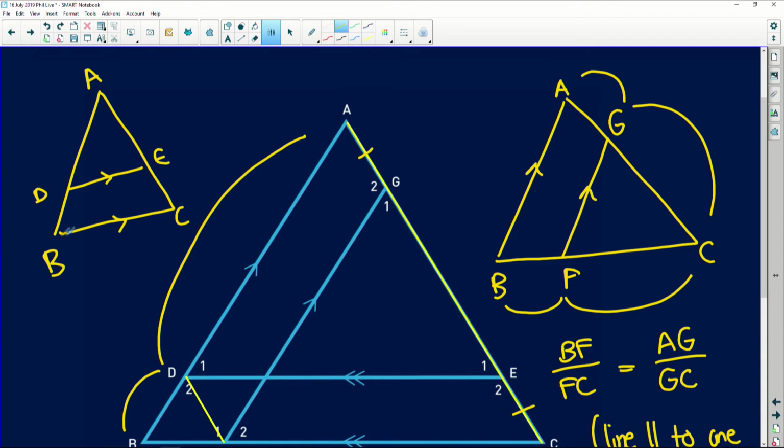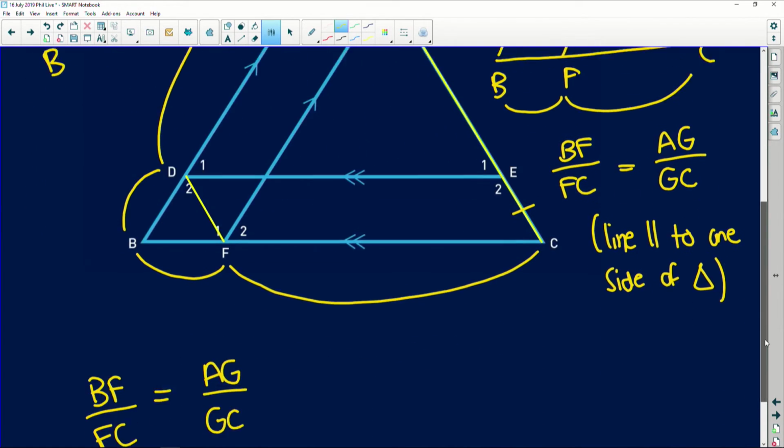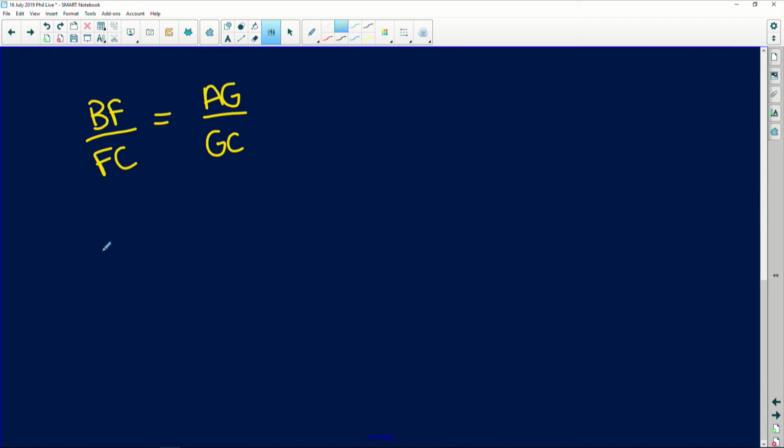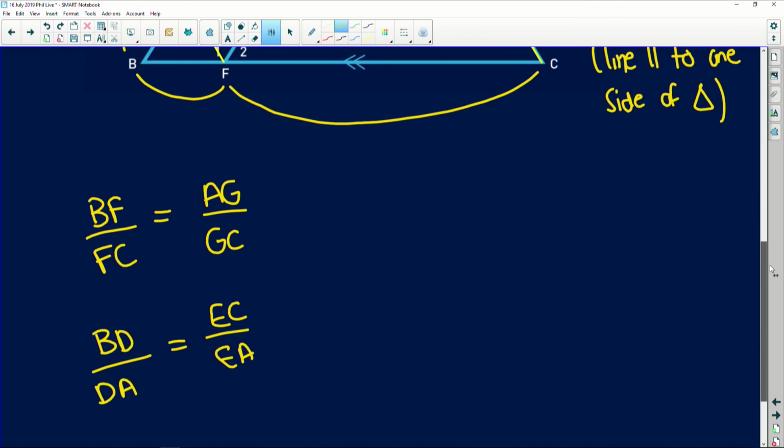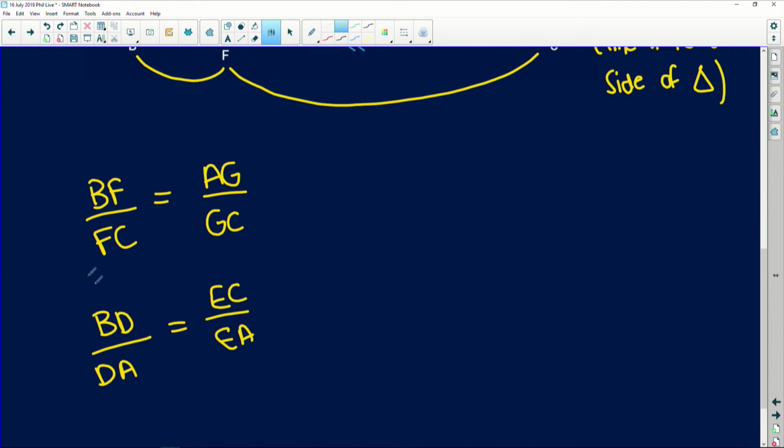So if we look at the ratios, we have BD over DA is equal to EC over AE. So BD over DA is equal to EC over EA. Let me just double check that. EC over EA. So we are trying to prove that these two ratios are equal to each other.